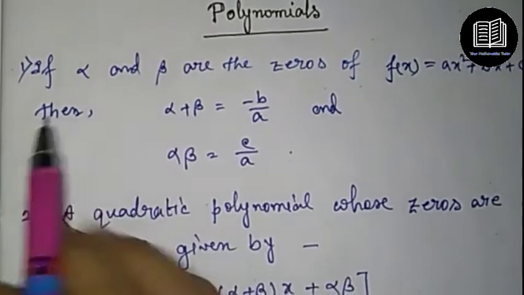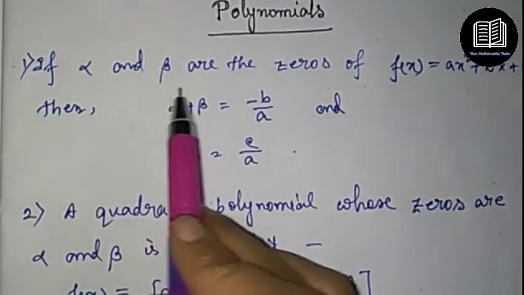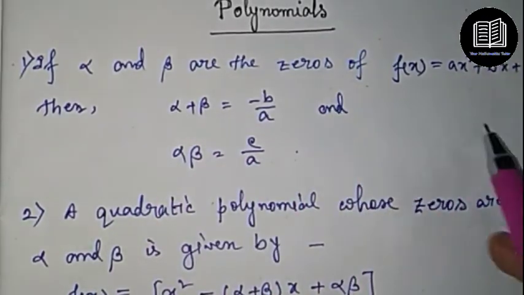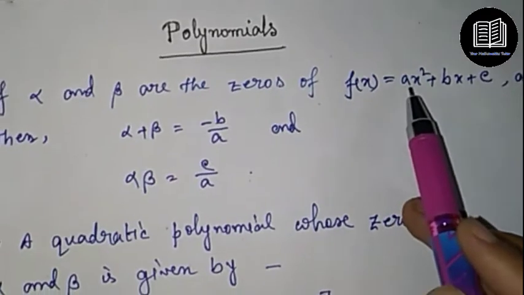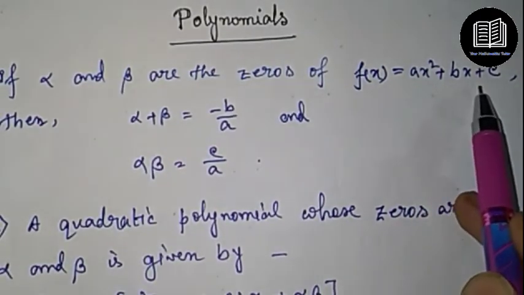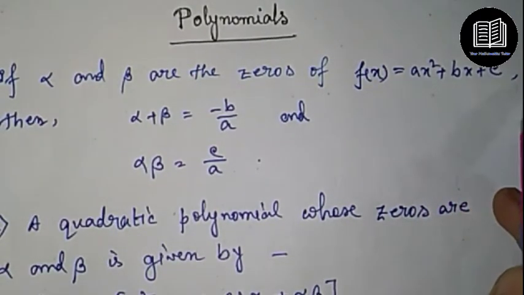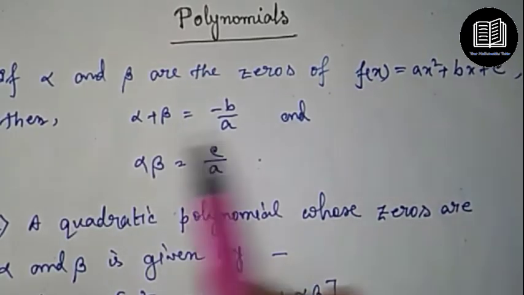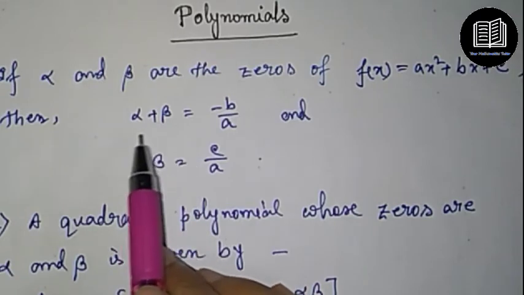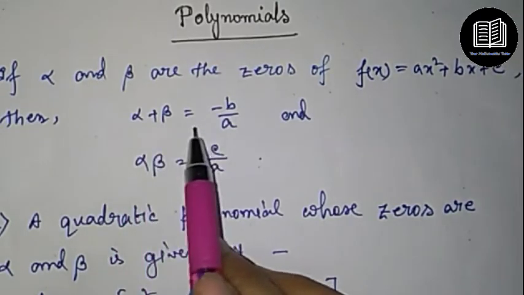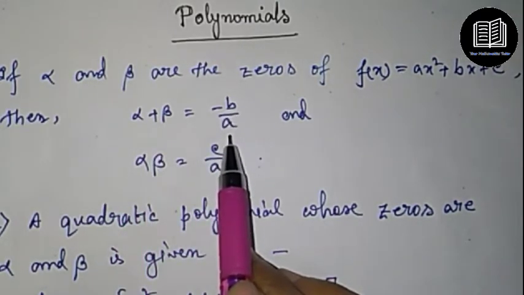The result is, if alpha and beta are the zeros of a quadratic polynomial f(x) = ax² + bx + c, where a is not equal to 0, then alpha plus beta, that means the sum of the zeros, equals minus b by a.